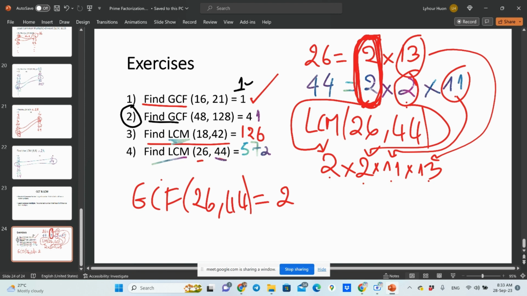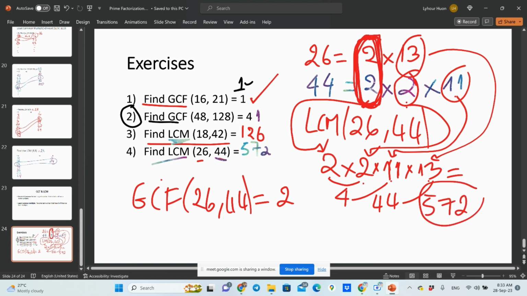It will be a big number. 2 times 2 equals 4... 2 times 11 equals 22, times 2 is 44. Then times 13 would be 572. Yeah, 572. That is our result.